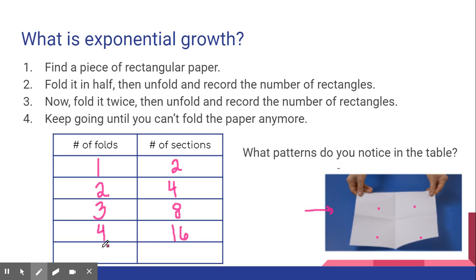And then let's see if we can fold it one more time. This might be getting pretty difficult to fold, but let's see if you can fold it back up and one more time. And then unfold and count those sections. Perhaps by looking at the pattern in the number of sections, you might not even have to count them. You might notice that that should end up being 32 sections.